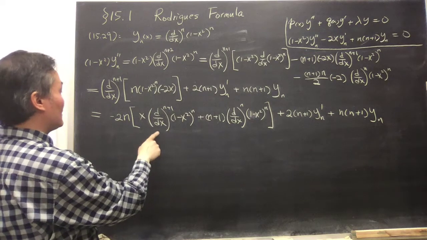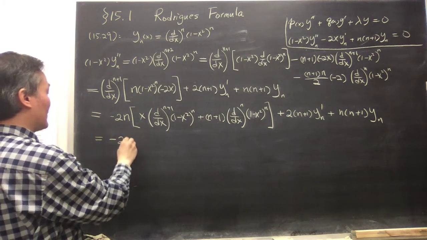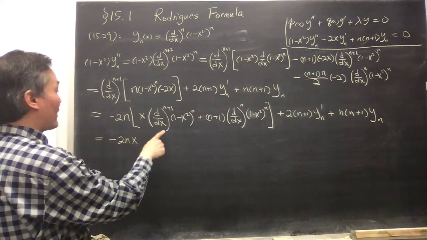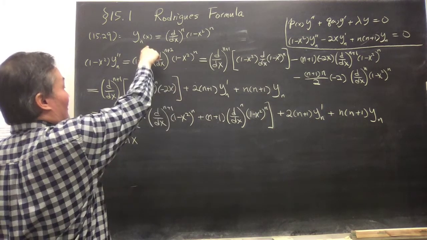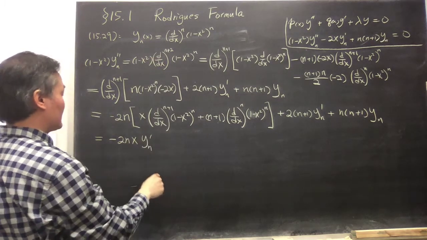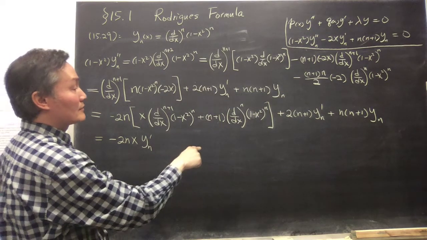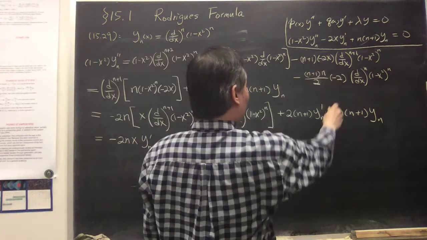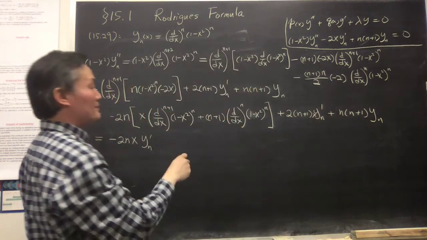So what you have is the first one is minus 2nx, and this one is just basically yn prime. And this one I forgot the x. There's an x here, there's an x here.